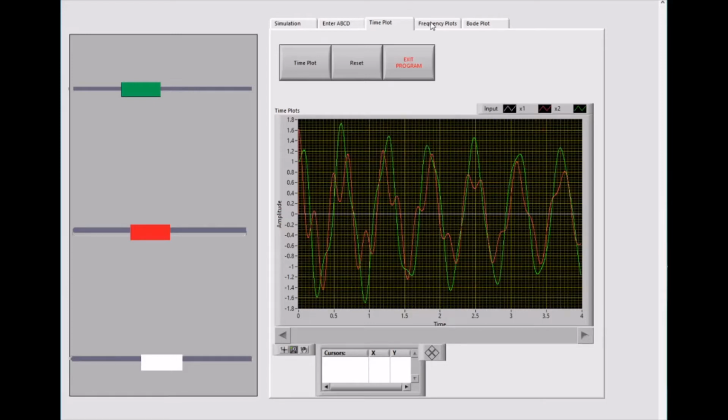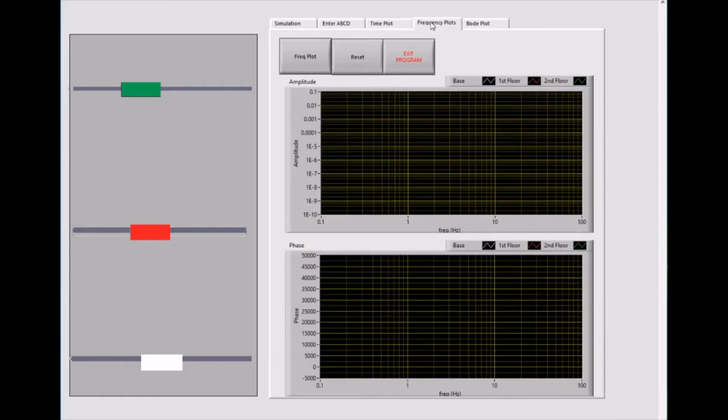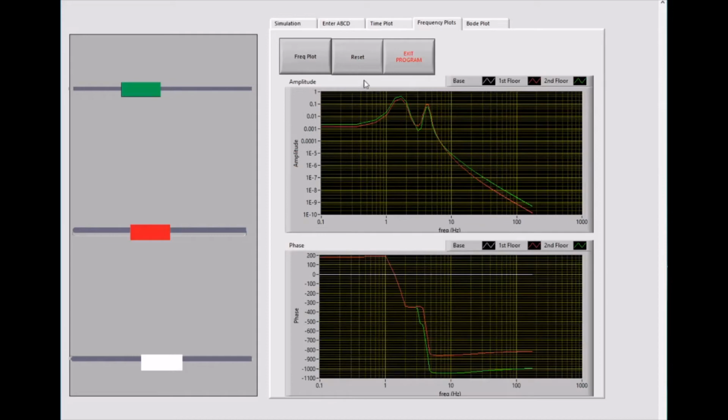When you look at the frequency plot, that's the FFT of the time plot, which I don't think I have enough data for. Oh, it did work. I guess I had enough data points. FFT plus shows you the two frequencies. The first frequency is between 1 and 2, about 1.6.